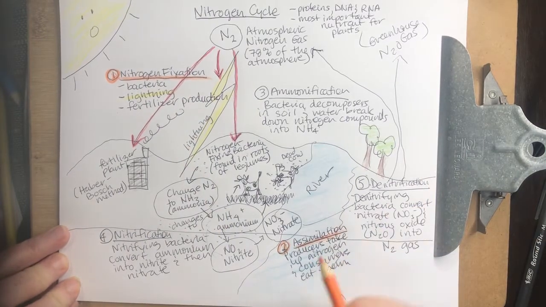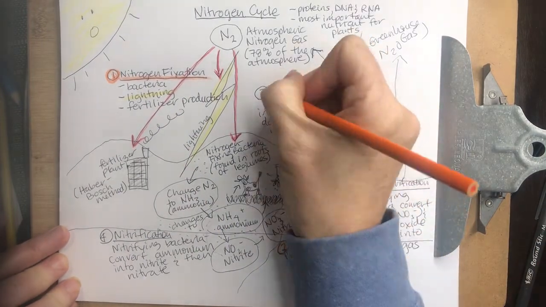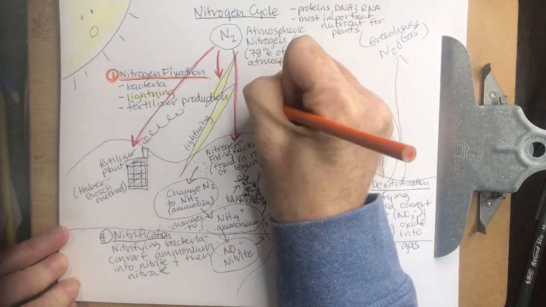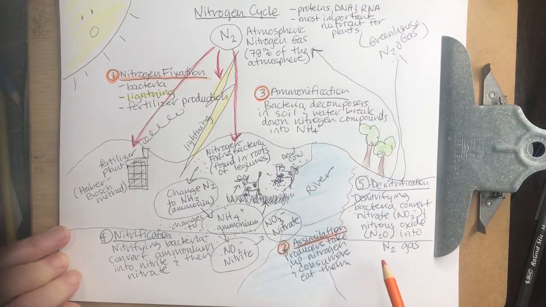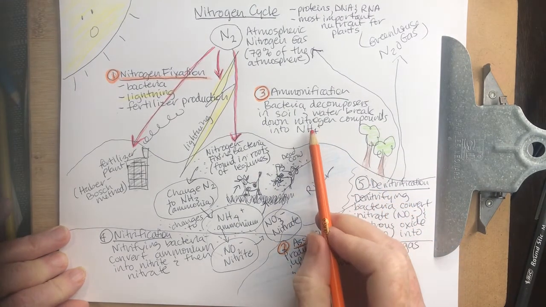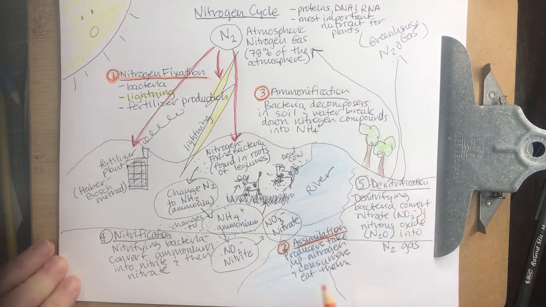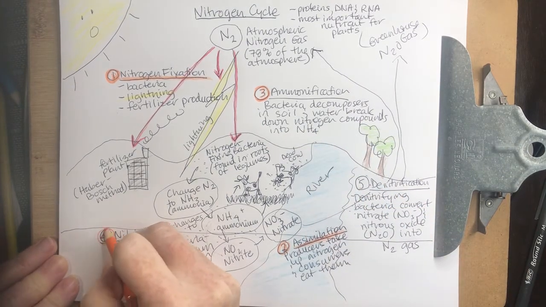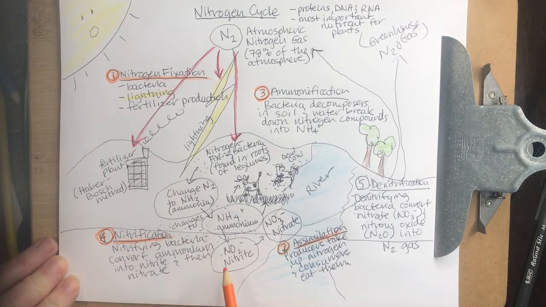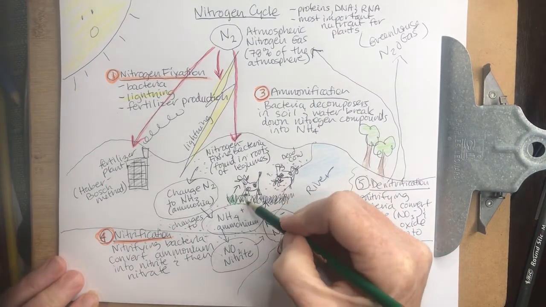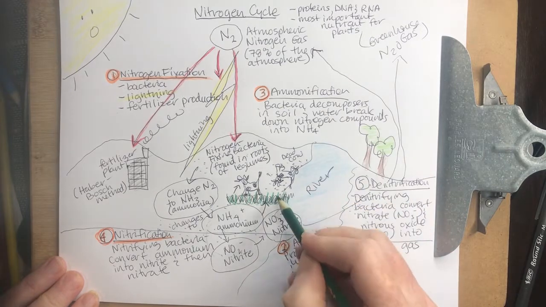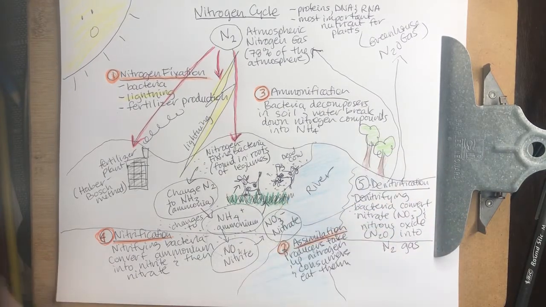Okay, so step 1, nitrogen fixation. Step 2, assimilation. Step 3, ammonification: bacteria converting dead things back into NH4. Nitrification over here, the bacteria that are doing these chemical conversion steps. We've got our producers that were part of assimilation, and our consumers taking that nitrogen into their bodies.